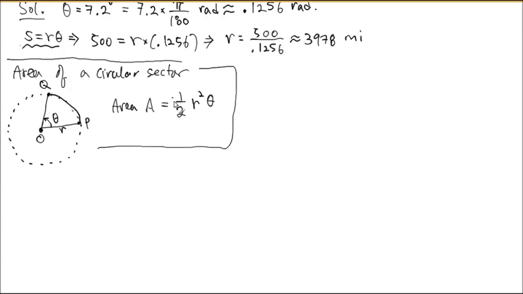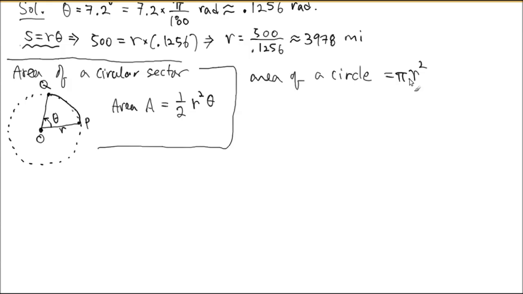And maybe if you forget this 1/2 factor, think about the area of the full circle. What is the area of the full circle? Not this circular sector. Anybody remember the formula? There is r squared there, because it's area. But what is the other factor? It's pi. Pi times r squared.